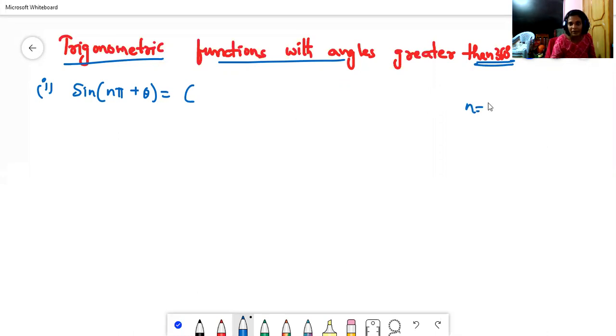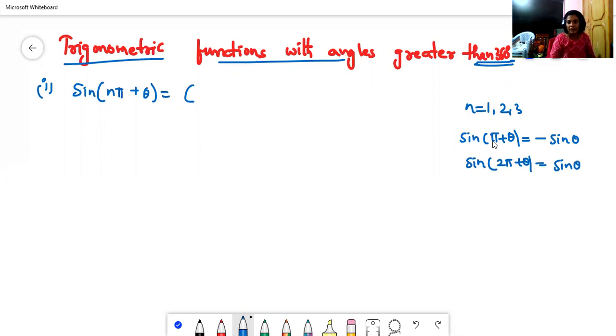If n equal to 1, 2, 3 will substitute: sine of pi plus theta means it is in the third quadrant, it will come minus sine theta. Sine of 2 pi plus theta comes in the first quadrant, it is sine theta.